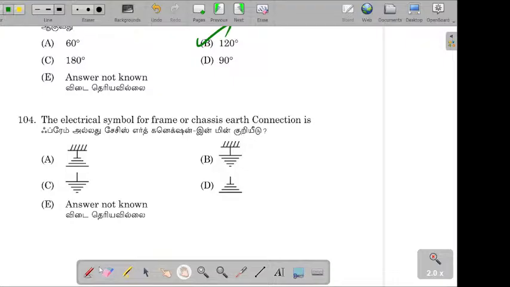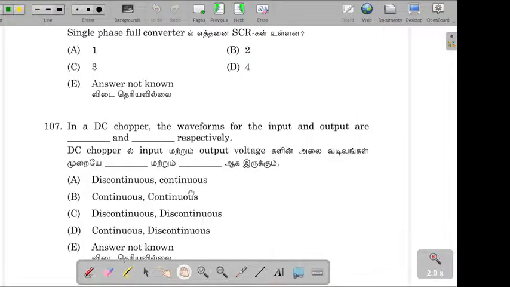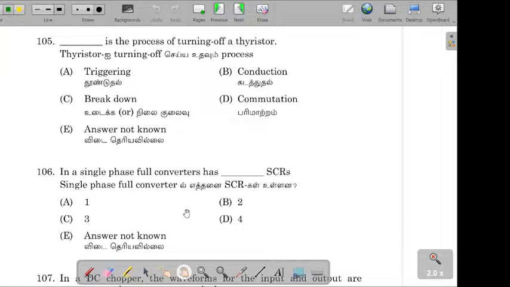The electrical symbol for frame or chassis earth connection is shown. Dash is the process of turning off a thyristor, commutation. A single phase full converter has dash SCR, 4 SCR.